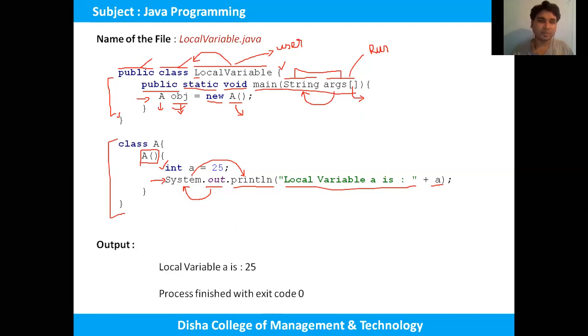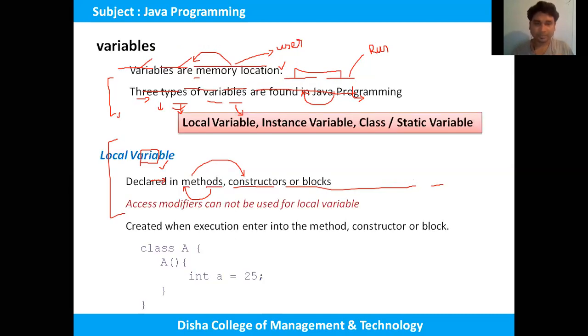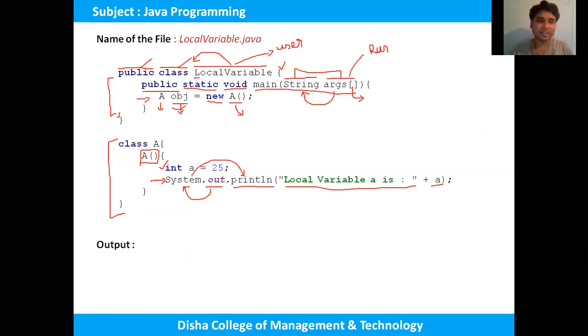The third point is that it is created when the method, constructor or block of code starts to execute. There are three important points. Clear? So we'll see the next type.